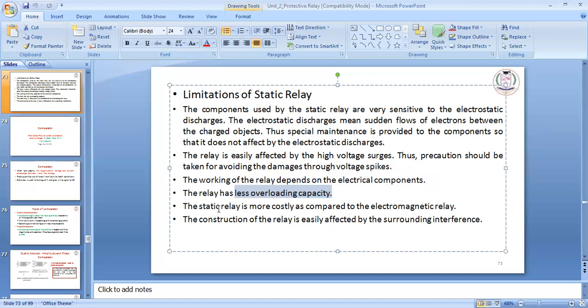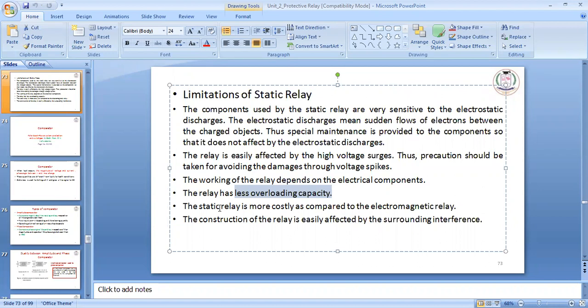And similarly, they use various technologies to keep multiple transistors in a single chip. They use VLSI technology, VHDL, many technologies to make the electronic components compact. Compared to the electromagnetic relay, which is just a coil, the static relay has multiple transistors and multiple SCRs in a single chip.